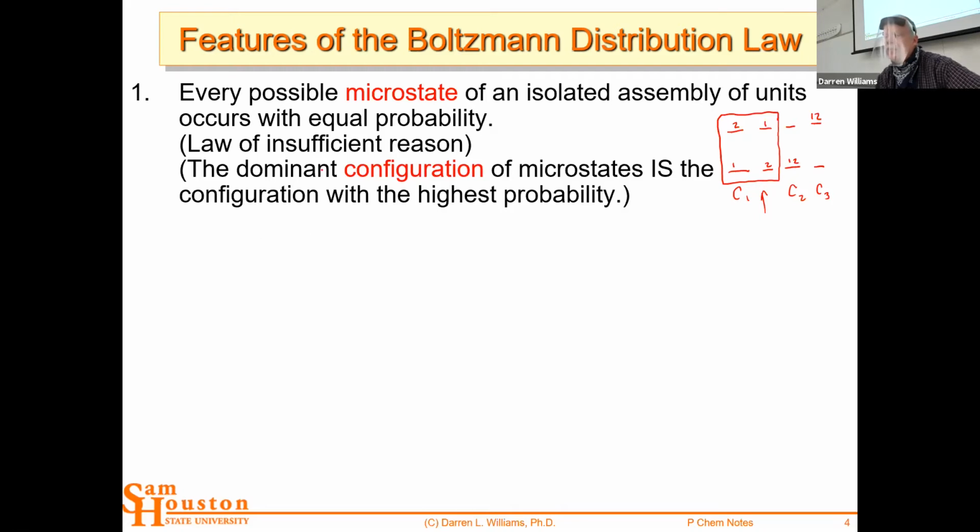That's what we mean by the dominant configuration of microstates: the configuration with the highest probability. There are two ways to build that one if we ignore the numbers, so that's going to be the one that's most probable. When we calculate the probabilities, it will have twice the probability of either one of the other two.